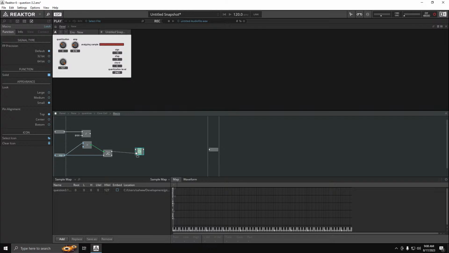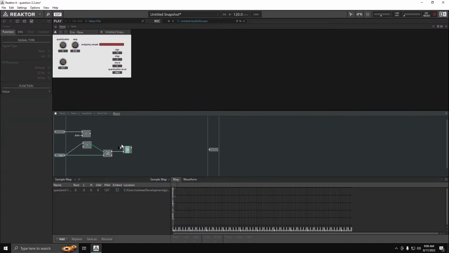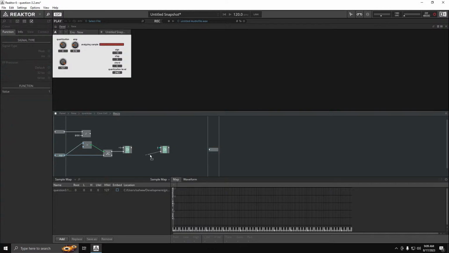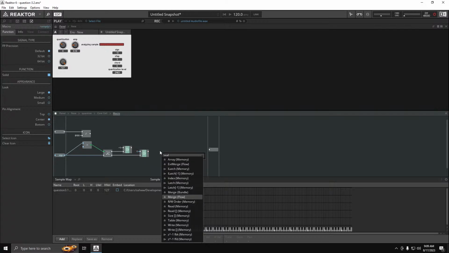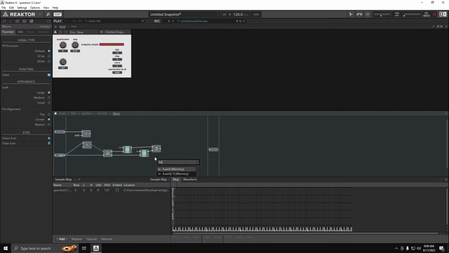It's greater than 0. Whoa. Wait, is there a latch?